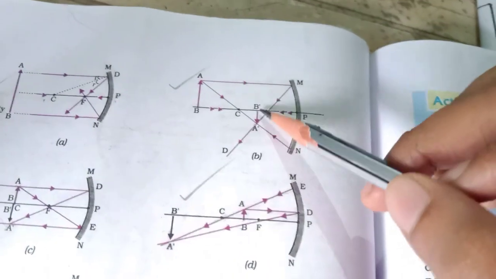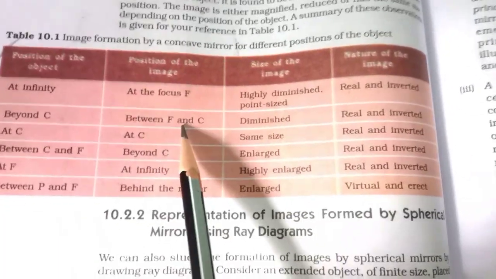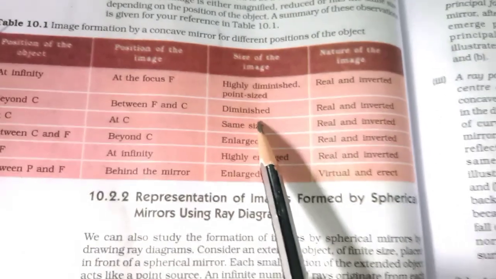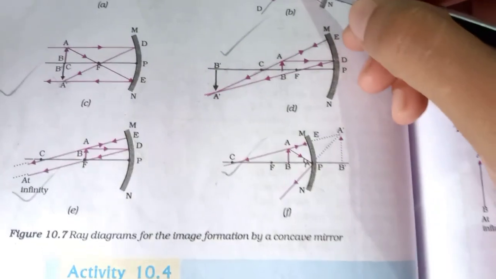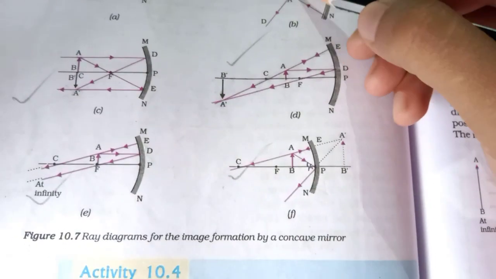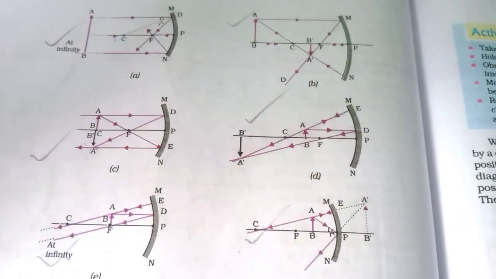So the image formation is between F and C, and it's diminished, it means small, and real and inverted, as you can see the arrow is pointed here.